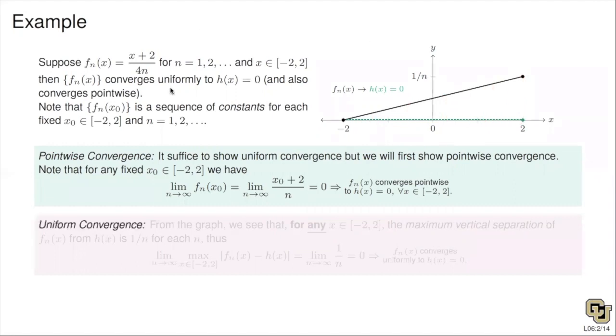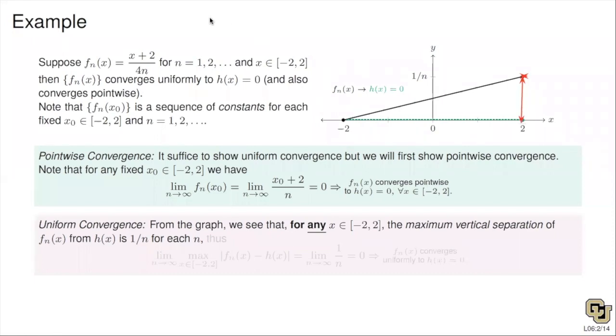For the uniform convergence proof, I'm going to motivate it with the graph. From the graph, you can see that for every x value, the maximum distance is 1 over n.